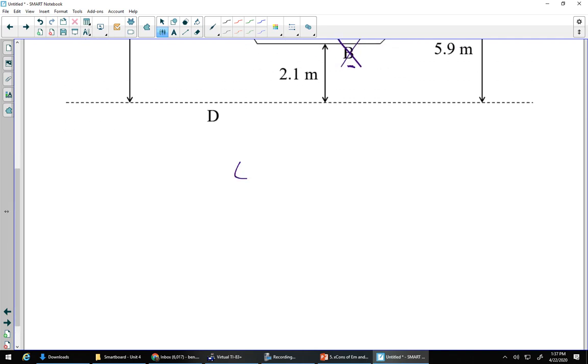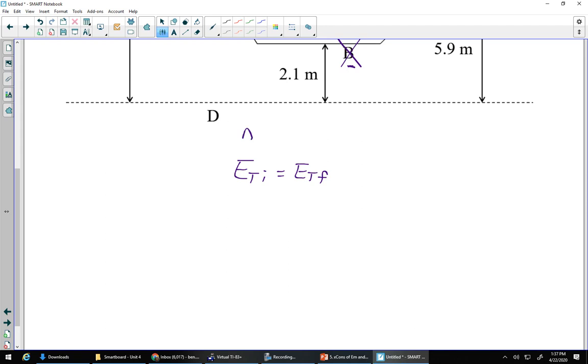So I'm going to go through and I'm going to start at the beginning with ETI is equal to ETF. Just my law of conservation of energy in a formula. So my total initial energy is equal to my total final energy.